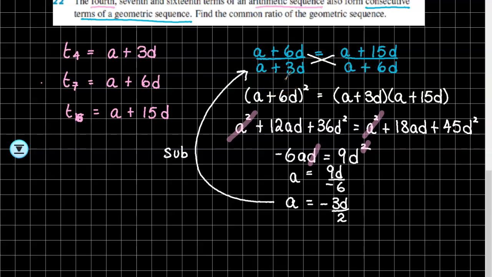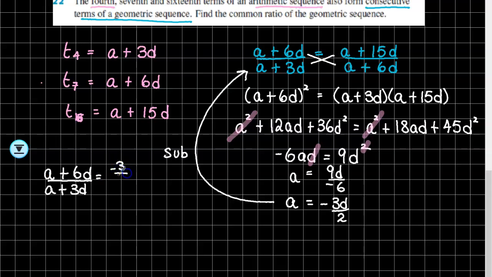But now what we can do, and I'll just do it over here, we've got A plus 6D all over A plus 3D. So we're now going to replace this A with this fraction. You might be going, are you serious? Why on earth would you do that? Well, just look what happens on the top line.